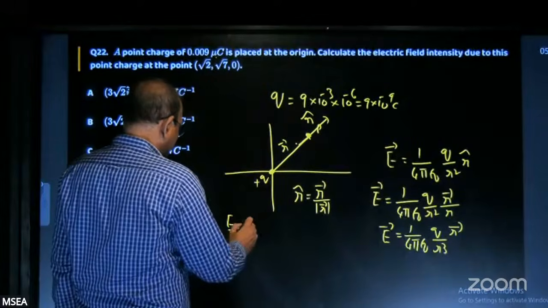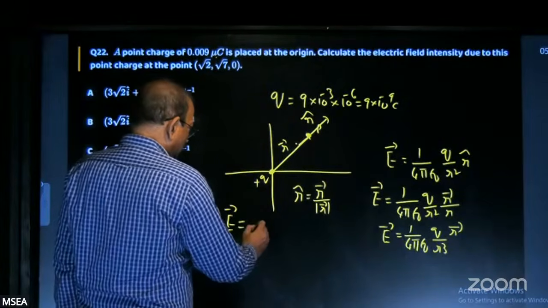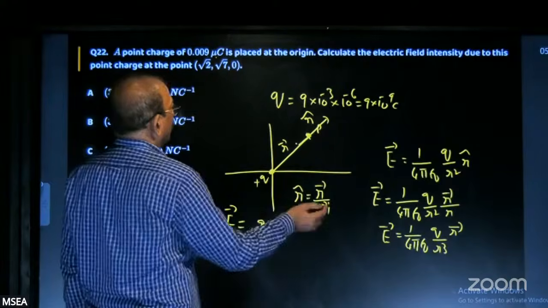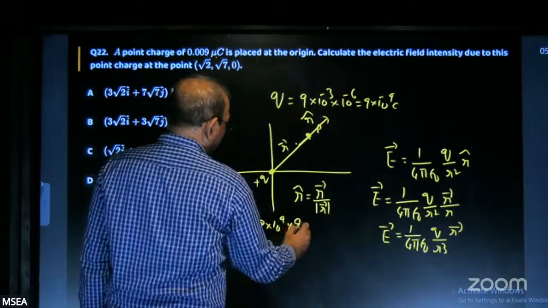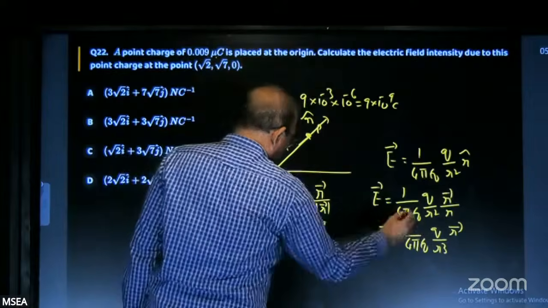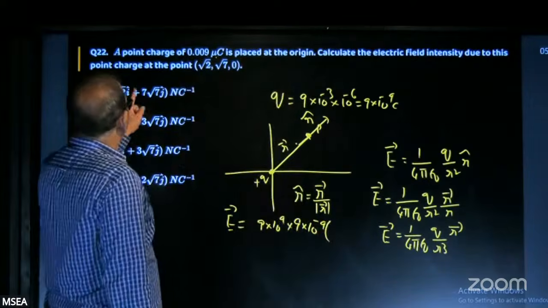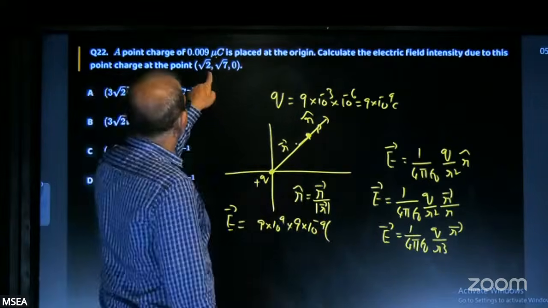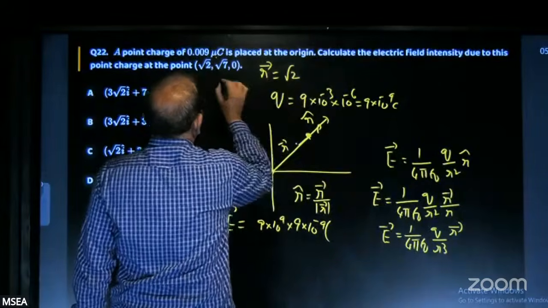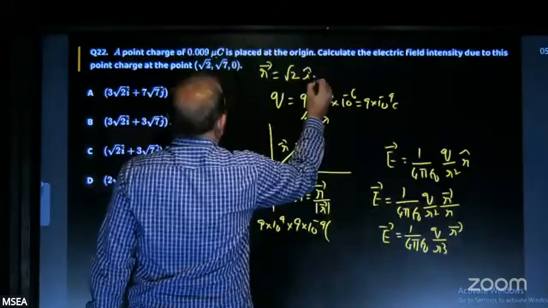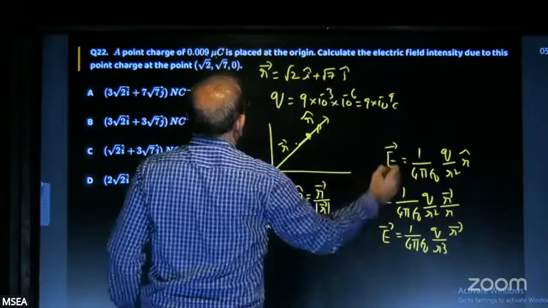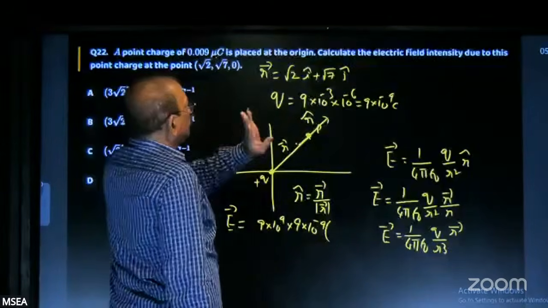Yes, finish. E bar equals 9 into 10 to the power of 9, which is 1 by 4 pi epsilon naught. Q is this 9 into 10 power minus 9. The coordinates of this point are given, so the position vector of that point is the x coordinate root 2 into I cap plus the y coordinate root 7 into j cap, and the z coordinate is 0.